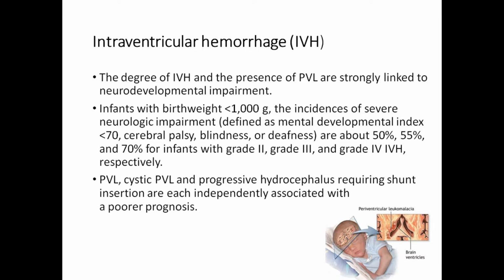Periventricular echogenicity, cystic periventricular echogenicity, and progressive hydrocephalus requiring shunt insertion are each independently associated with a poor prognosis. That's why for prognosis it's better to pay attention to the amount of PVL, the stage of IVH, and the localization of all the injuries.